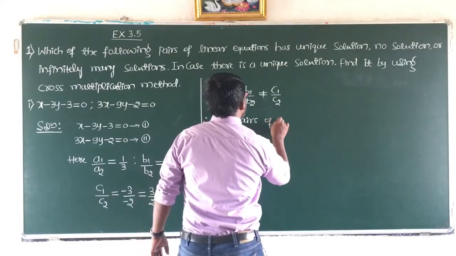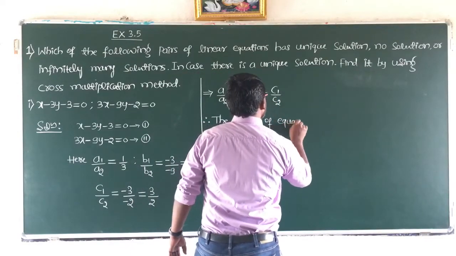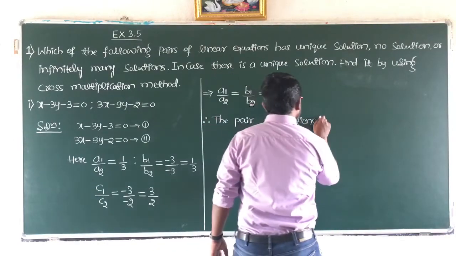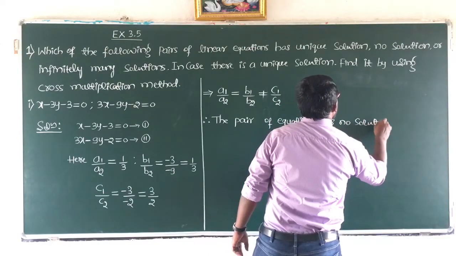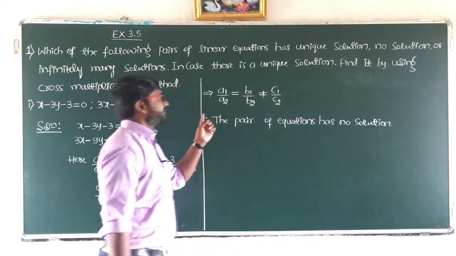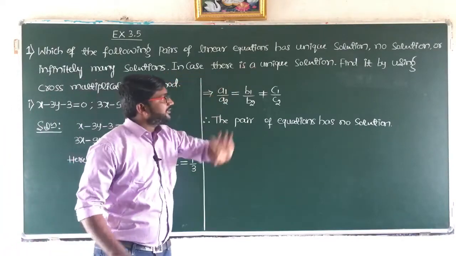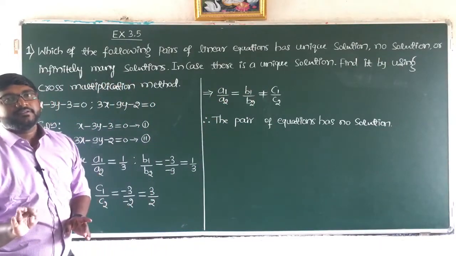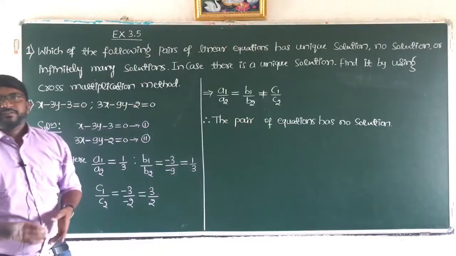Therefore the pair of equations has no solution, because these two lines are parallel lines. In the question, if there is a unique solution, then we have to find the solution by the cross multiplication method. So the given pair of equations has no solution. This is all about the first sub question.